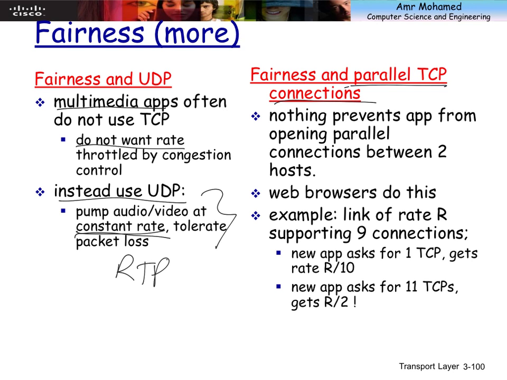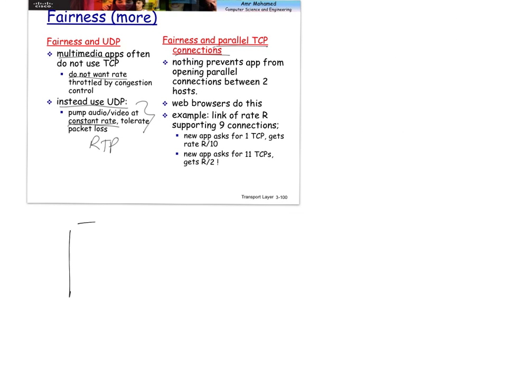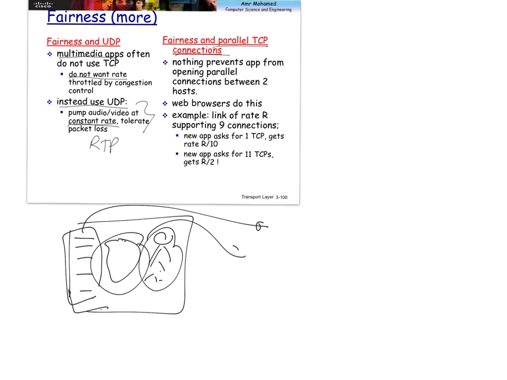Okay, so let's say you have web content with a person here, graphics or video, and you have certain objects here, and you have some text and stuff. Some browsers use different TCP connections for each of these objects separately. So you will end up with separate TCP connections for each object, even for one web page content.